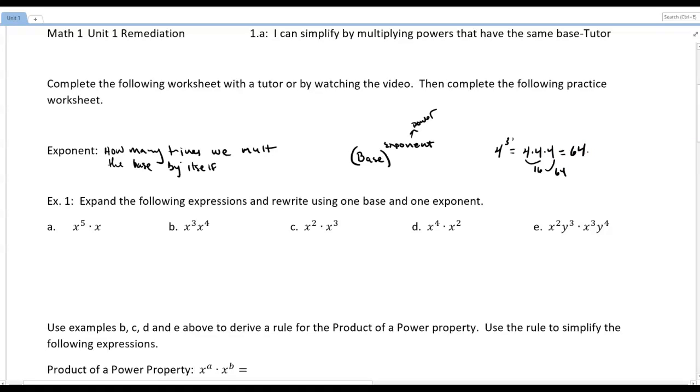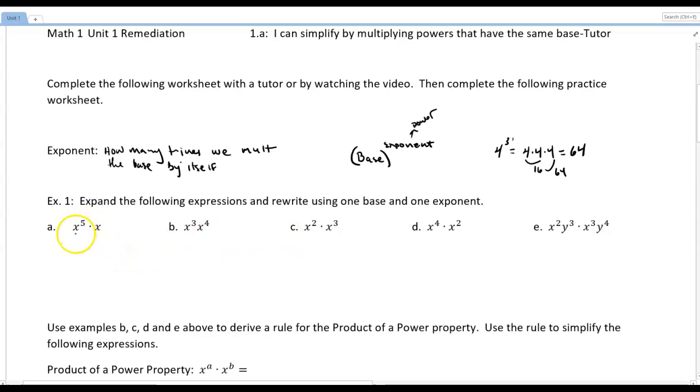Now, when we talk about multiplying powers that have the same base, we use what we call the product of powers property to simplify these expressions. So let's look at what we have here. If we expanded each of these expressions and rewrote it using one base and one exponent, what would it look like?